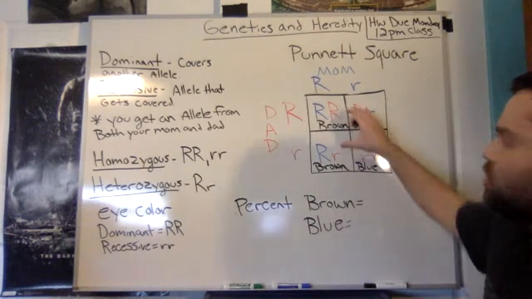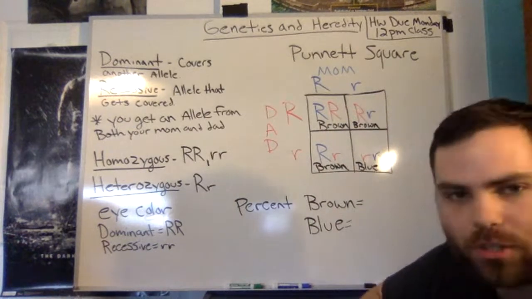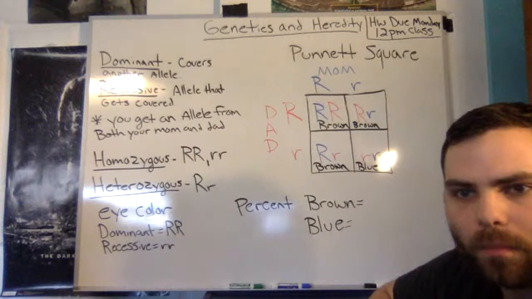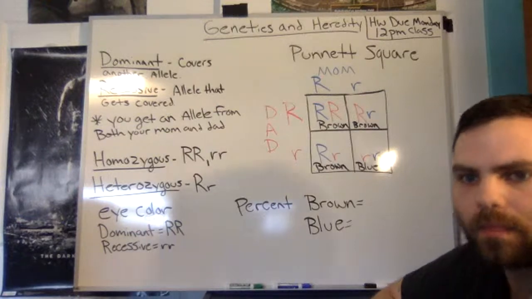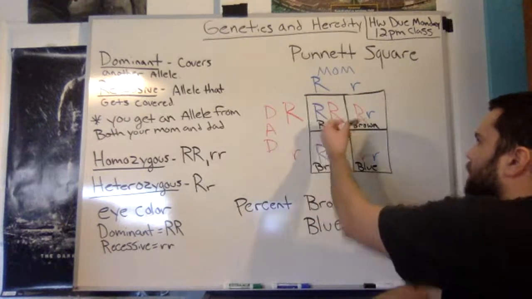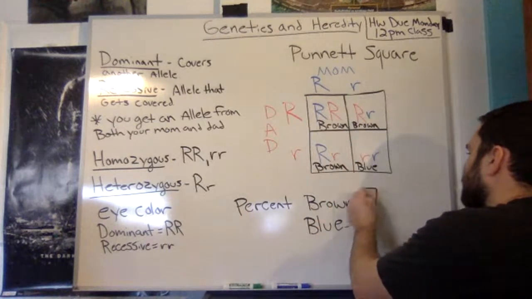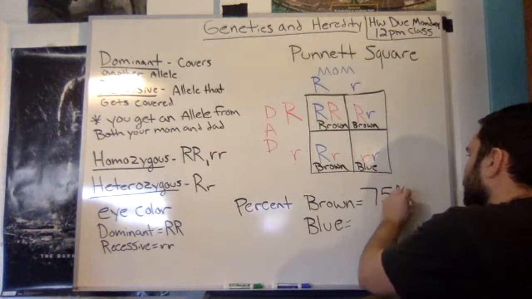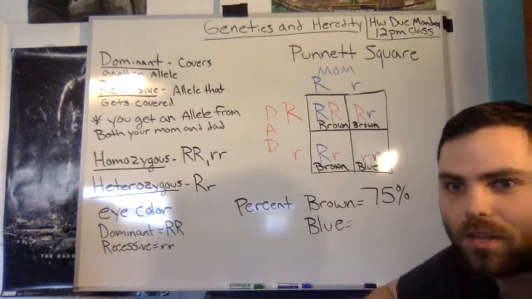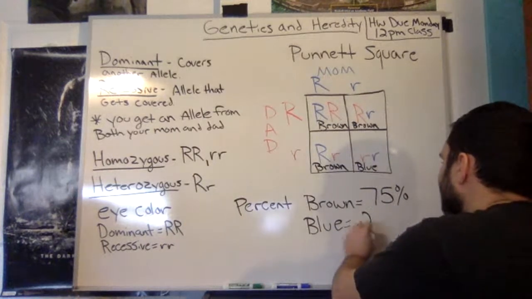So now, since each square represents 25%, what percent is going to be brown? All right, so we count them up, right? We got 25, 50, 75. So it's going to be 75%. Now, what percent is going to be 25? Or I just gave you guys the answer. So now blue is going to be 25%.